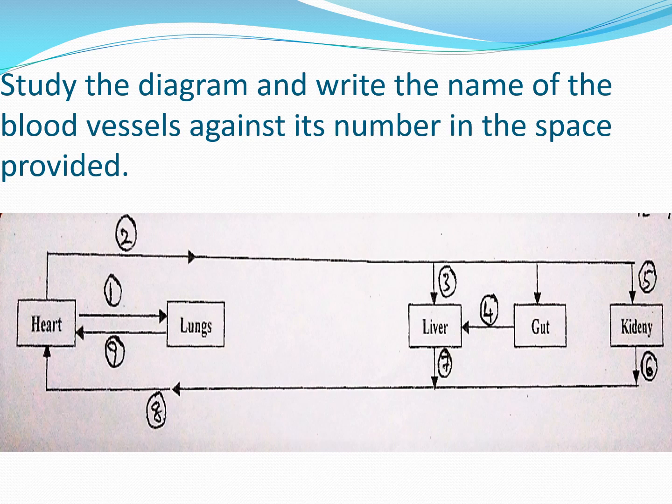So your fourth one is hepatic portal vein, because hepatic portal system is present between gut and liver. Next, fifth one, which is coming towards kidney. A blood vessel which is carrying blood into the kidney is renal artery. So fifth one is renal artery.